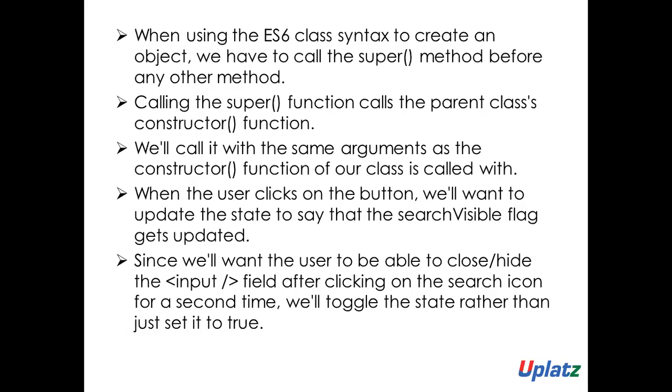So when the user clicks on the button, we will want to update the state so that the search visible flag gets updated automatically. Whenever the user clicks, we need to update that. We will want the user to be able to close or hide the input field after clicking on the search icon a second time.